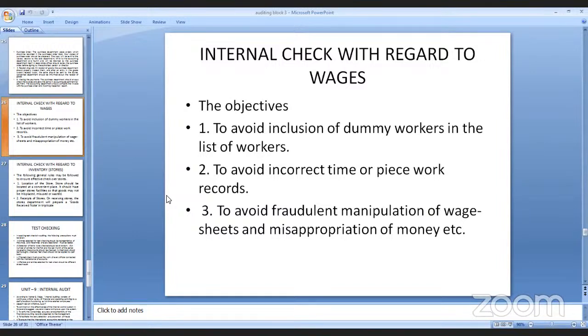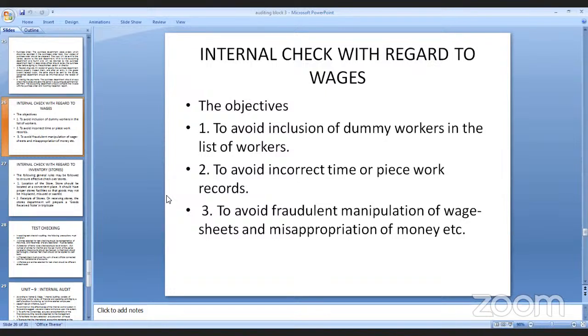Next, internal check with regard to wages. In the beginning classes we discussed that salaries are given to the higher cadre and wages are given to workers. On the aspect of wages also there must be an internal check.